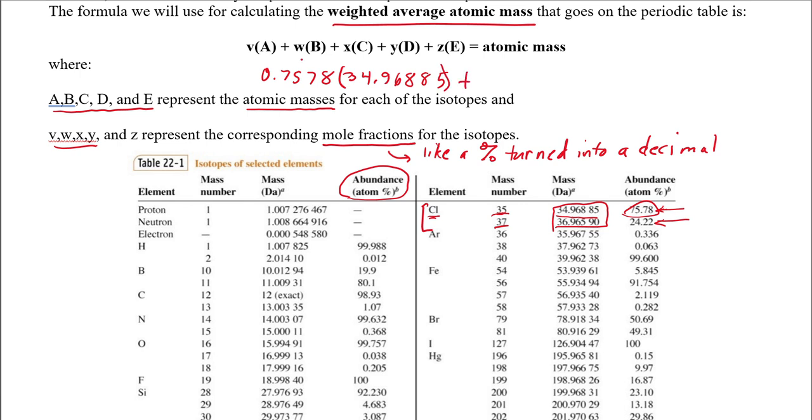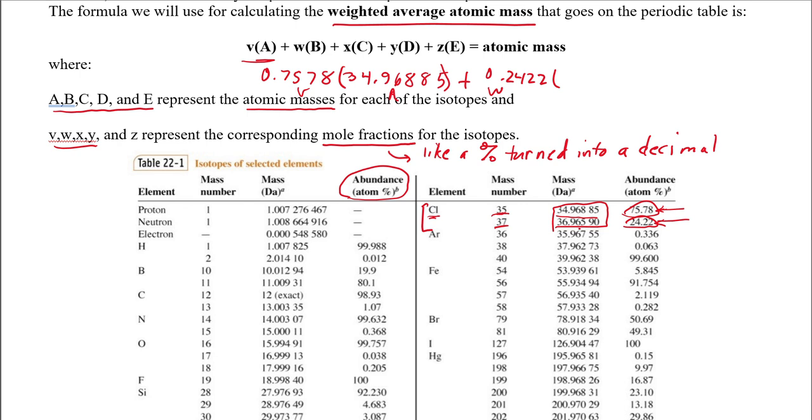Then to that I'm going to add, that was my V and A. This is my V, this is my A. Now I'm going to put in my W, which is the mole fraction of the other isotope, which apparently is 0.2422.